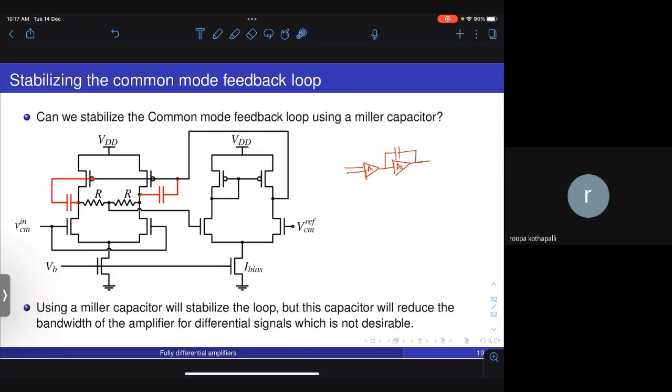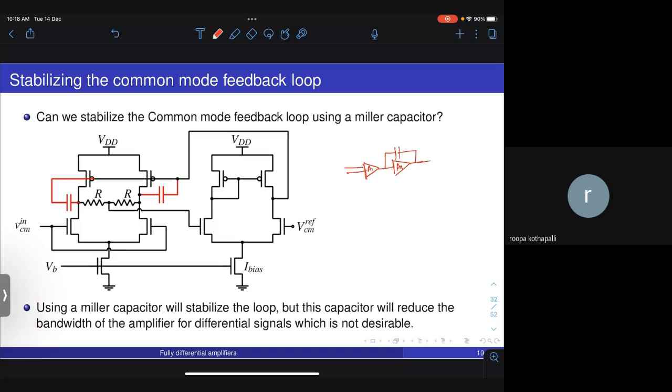But this is not something that is desirable. Why? Because any capacitance that you put at the output of the differential amplifier will also affect the bandwidth of the amplifier for differential mode signals. So what we are doing is putting a capacitor here to stabilize the common mode feedback loop, but that also affects the bandwidth of the amplifier for differential signals.